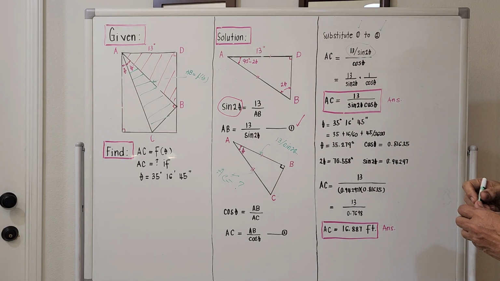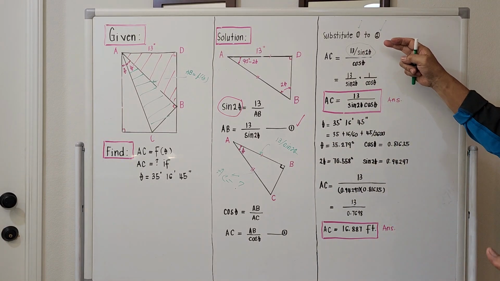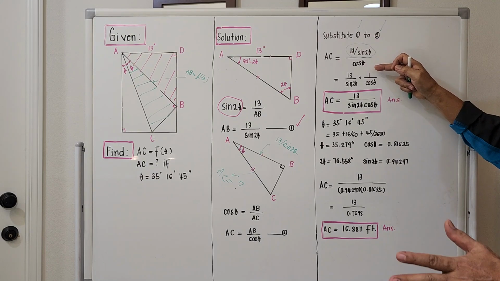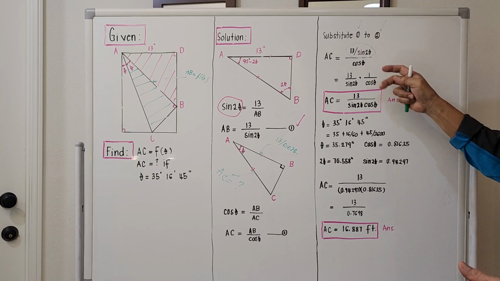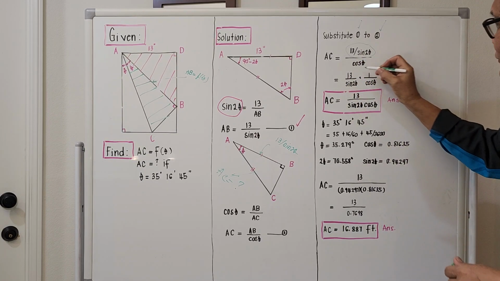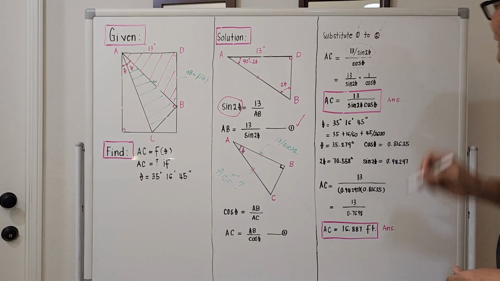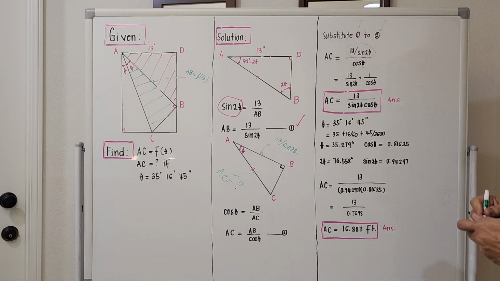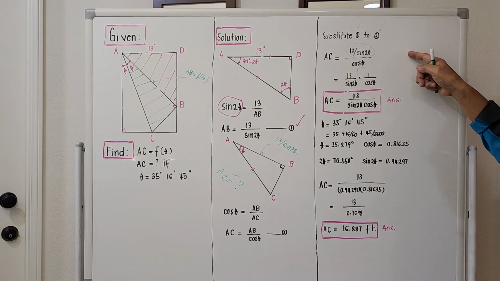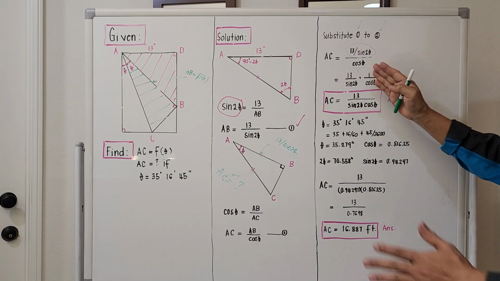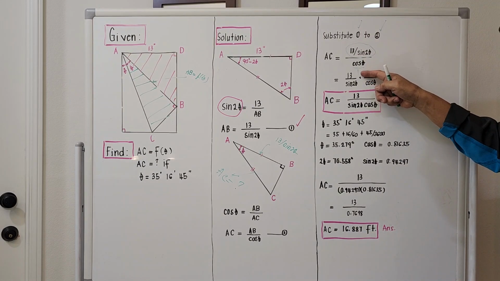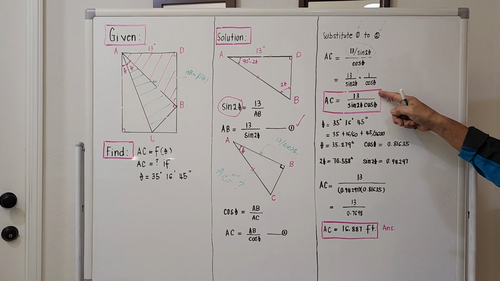Simplifying this, we are dividing a fraction by another number. So it will be 13 over sine of 2 theta, divided by cosine of theta over 1. If we change the operation from division to multiplication, we should use the reciprocal of cosine of theta, which is 1 over cosine of theta.